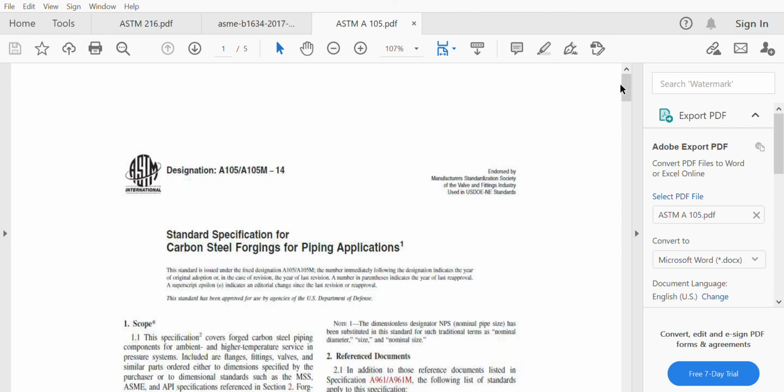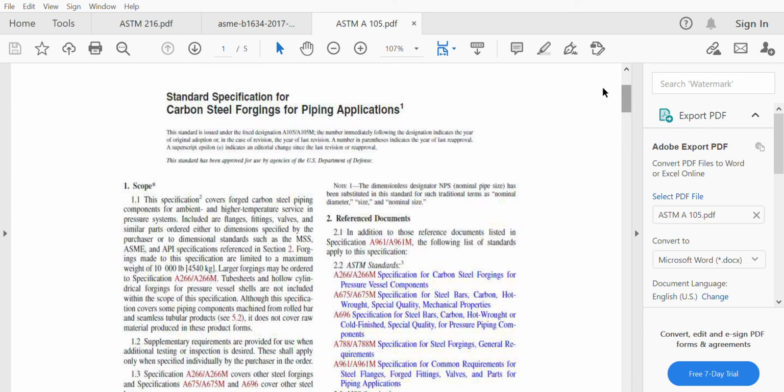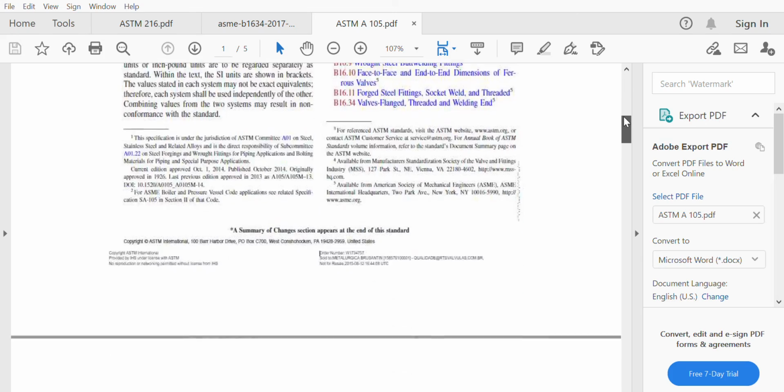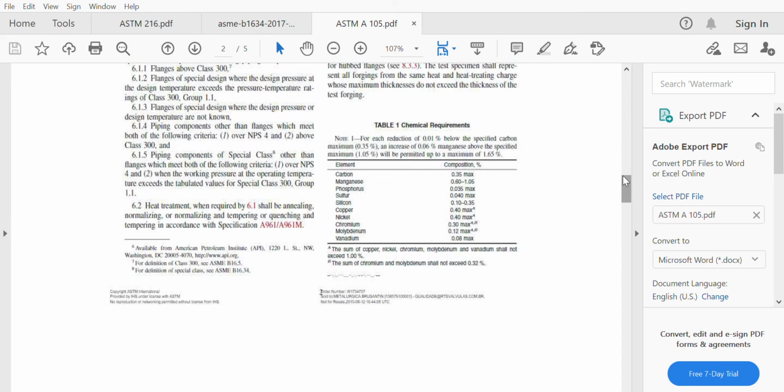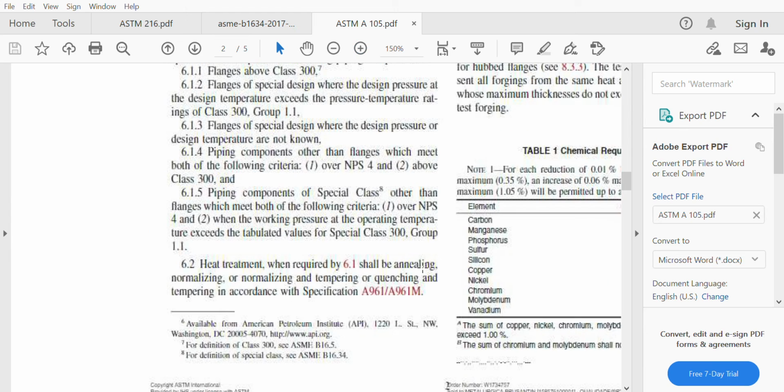ASTM A105 is the standard specification for carbon steel forgings for piping application. As you can see here, it is clearly written forging, carbon steel forging. Here also we need to know only the chemical composition. This is also a 4-5 page standard, and as a valve design engineer, we do not need to go deep into the manufacturing process.